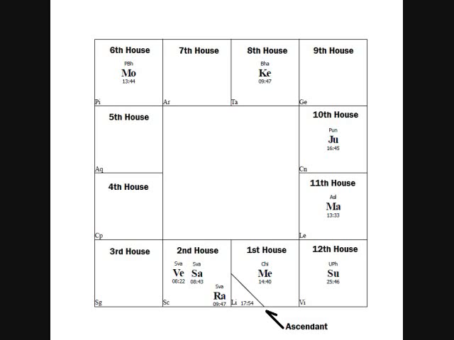And then we see that Scorpio to the left is the second house, and the third house is Sagittarius. Again, we're moving in a clockwise rotation. Now on your charts, you'll see the abbreviations for the signs. So for Libra, it's LI, Scorpio, SC, Sagittarius, SG, Capricorn, CP, and so on around.